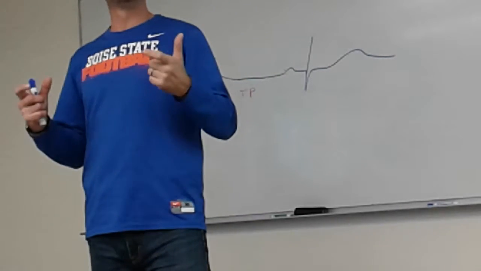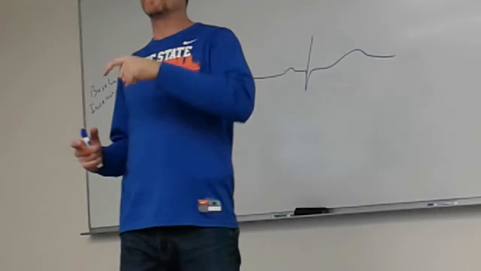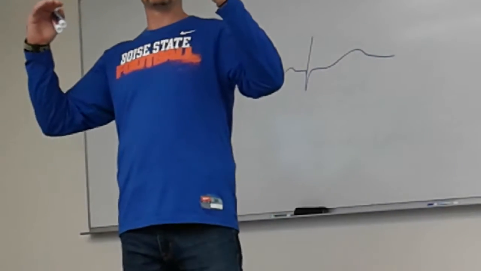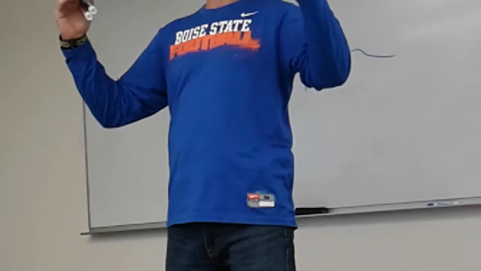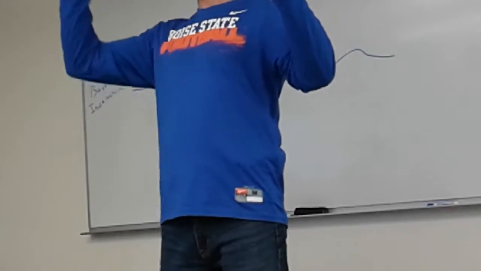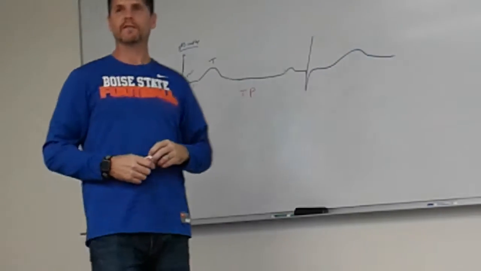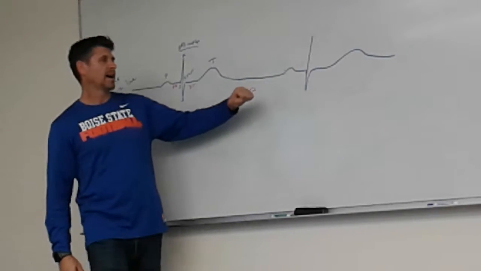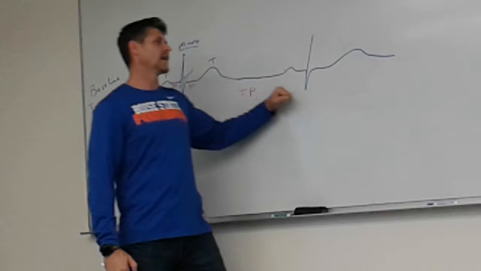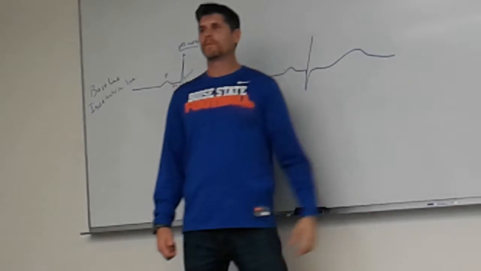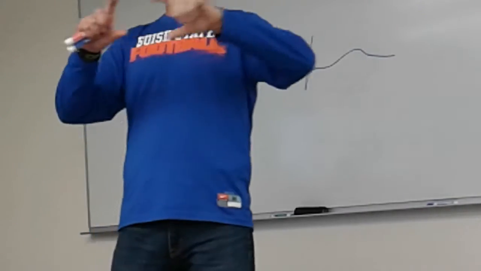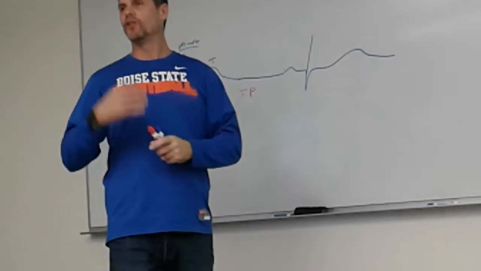But sometimes it's difficult to see that in a rhythm that's all crappy. And so we use a tool to make sure that we know where that isoelectric line is, and then we can evaluate if things are above or below it. Does that make sense? So again, typically what you'll do is put a ruler against the TP segments between one segment and the next, and then look at what's happening to the rest of the cardiac cycle underneath that ruler.